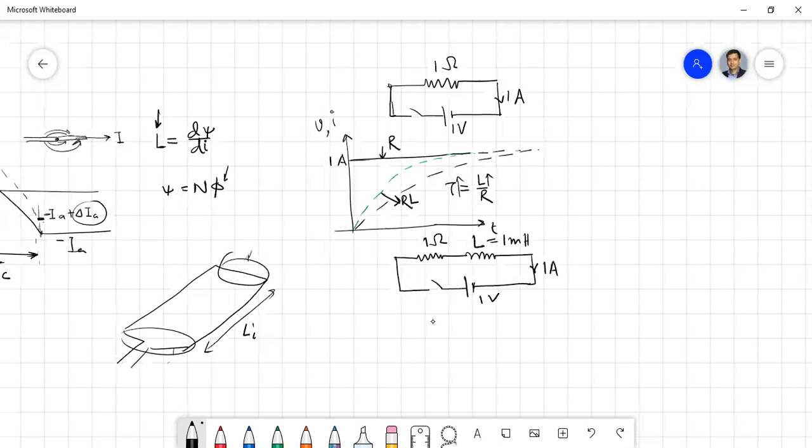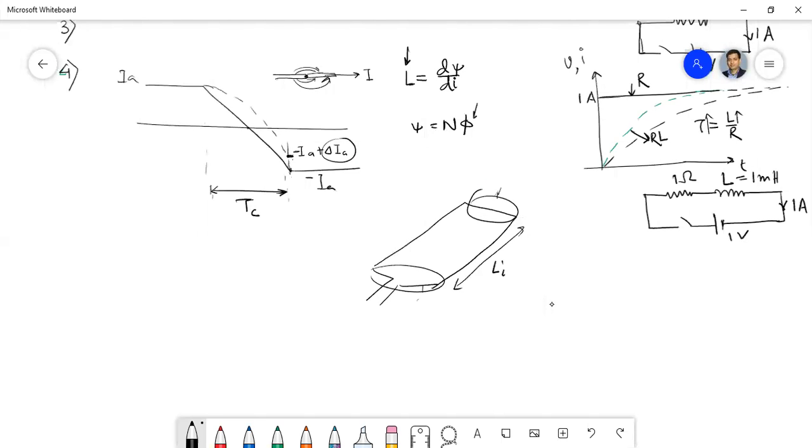Okay, see how arc is produced. Arc means the ionization of the media. Suppose there is some gap, isn't it? Suppose these two are conductors, and in between you have the media.